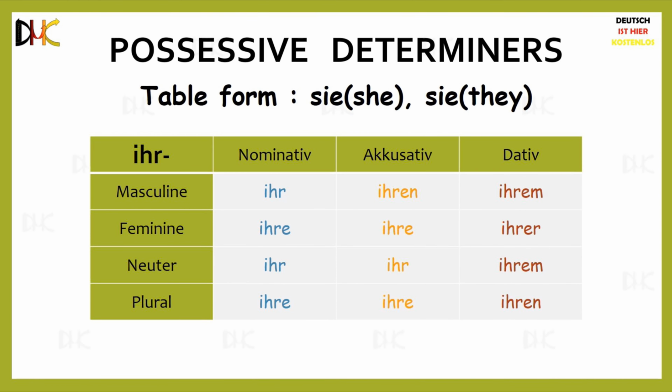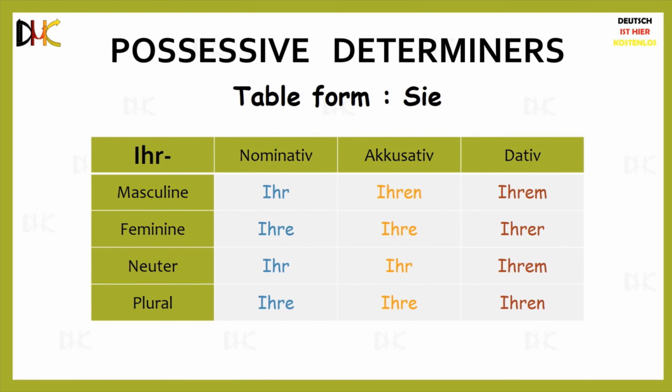The possessive determiner of sie meaning she as well as sie meaning they is ihr. Replace mein by ihr and you get the entire table of declension for ihr. Again, very straightforward. The possessive determiner of capital Sie is capital Ihr.